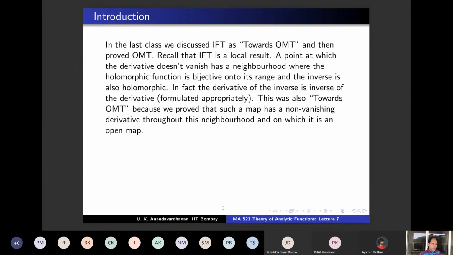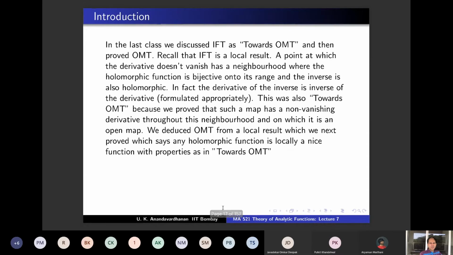In fact, we used this much to show that the power map is open, and then we proved a local result which said that any holomorphic function is locally a nice function with properties as in the earlier theorem. So phi is open on a neighborhood, phi prime is non-zero, and all these things.